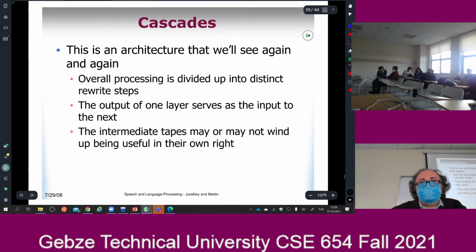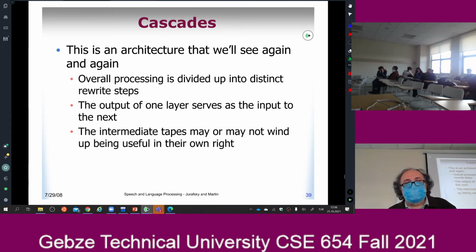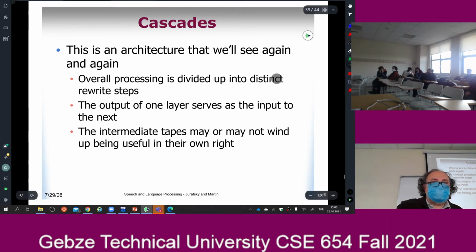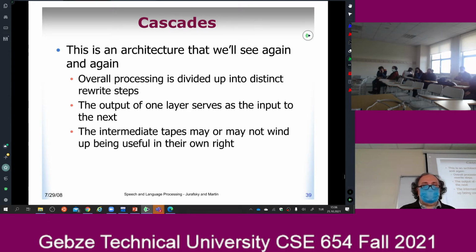We will have this kind of structure throughout the semester, actually, the cascades. We will see this again and again. If the problem is complicated, we are going to divide it into distinct rewrite steps, and one layer will handle part of the problem, and the other layer will handle the other parts, and etc. And we are going to use these intermediate levels, or intermediate representation of the problem at hand.